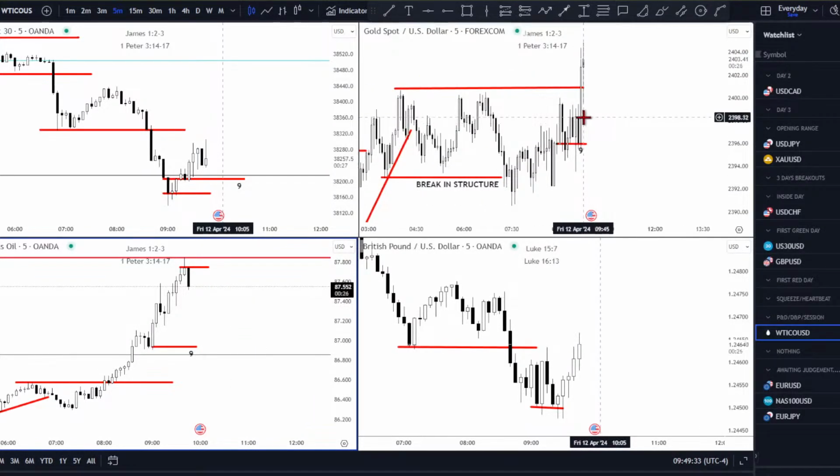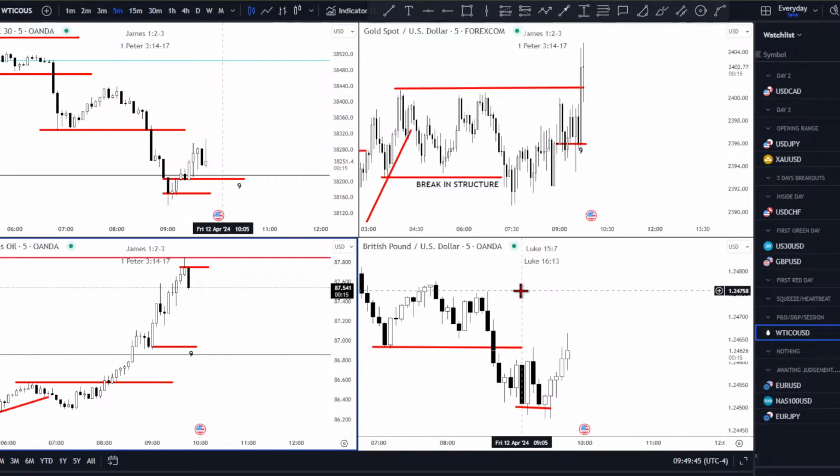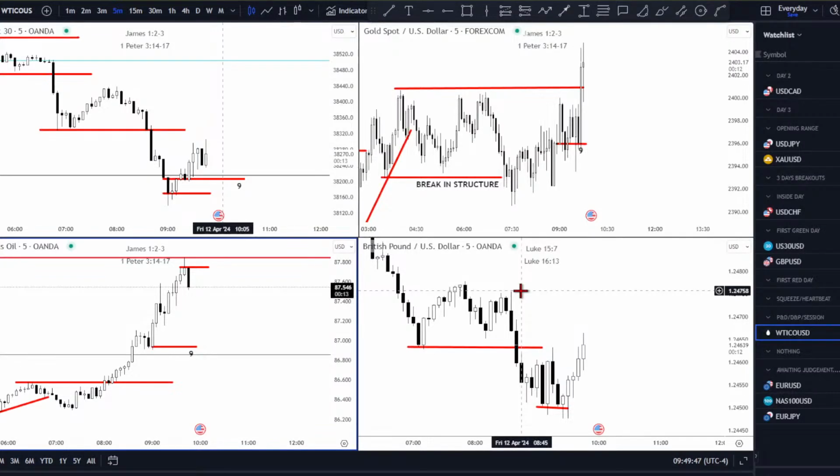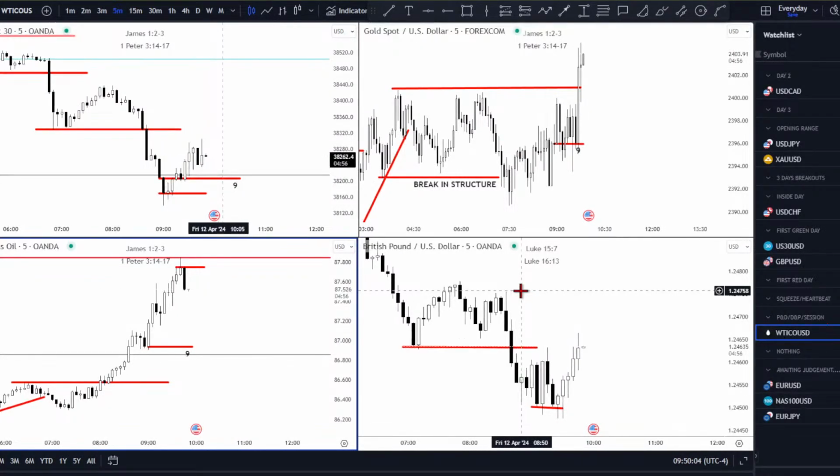All right. I do think the pound looks good, but I'm not going to do it because of the news. I'm going to hold off. Which, you know what? That might come back and bite me. If they start going vertical before the news to the upside, I've just missed it, and whatever.